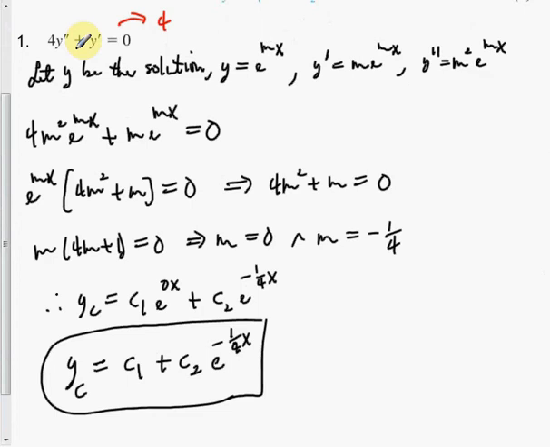If you see y prime, it's going to be m. If you just have y, then there's no m. So this is 4m squared plus m equal to 0. Well, isn't that the same thing as this guy right here? See that? So you can just go right to it. I'm fine with that.